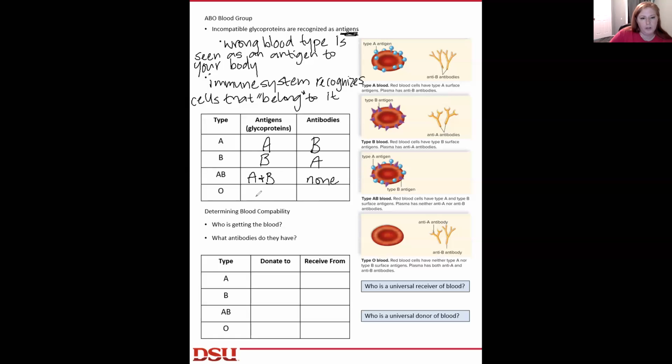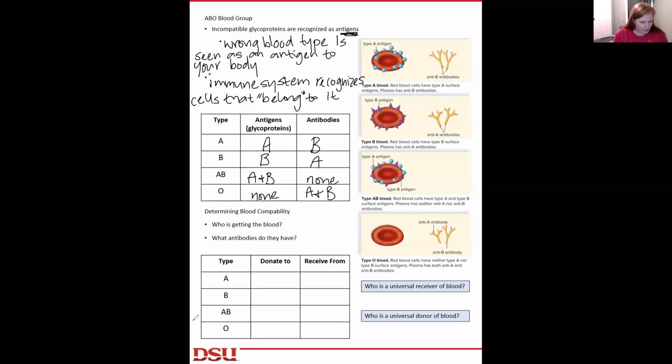Then again, we've got our O blood that has nothing on its surface, no antigens, and it has antibodies to everybody. Bummer. O can only get from O, but O can give to everybody. O is a giver.